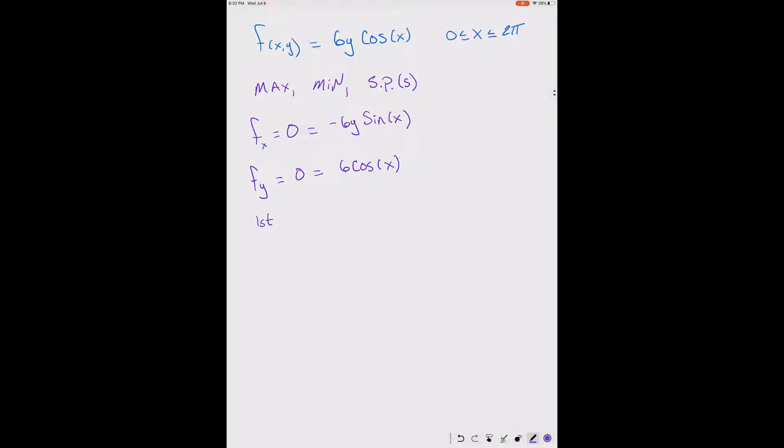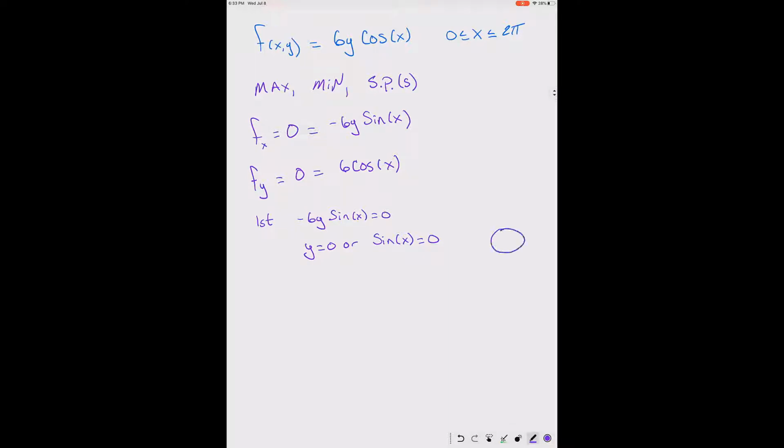First, I have negative 6 times y times the sine of x equals 0. When I solve that, I get y equals 0, or the sine of x equals 0. And where does the sine of x equal 0?